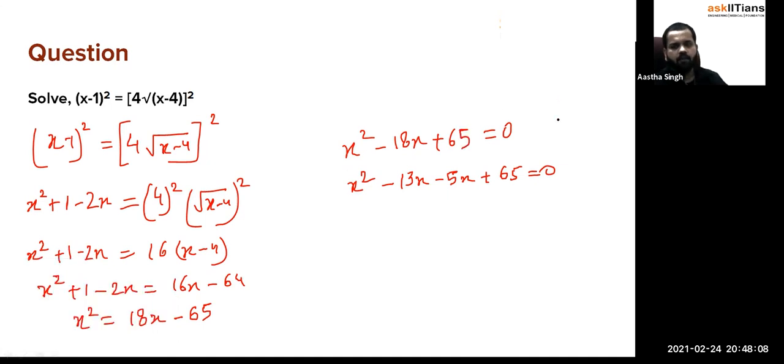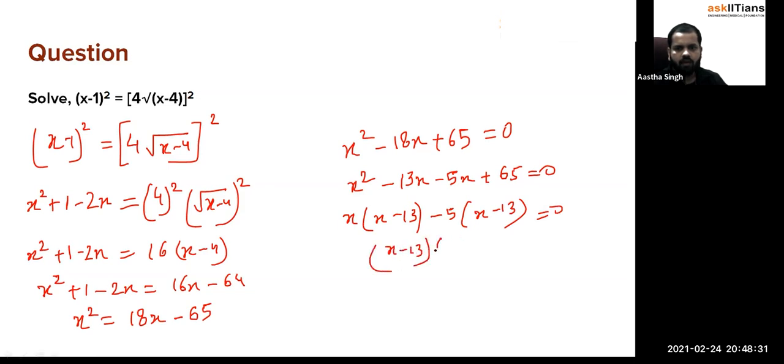That is the splitting method. We have splitted 18 into 13 and 5, right? So x comes common between them, then x minus 13. Here minus 5 can be common. Again you get x minus 13, right? And x minus 13 will be common to whole. Then only your x minus 5 is there, right?